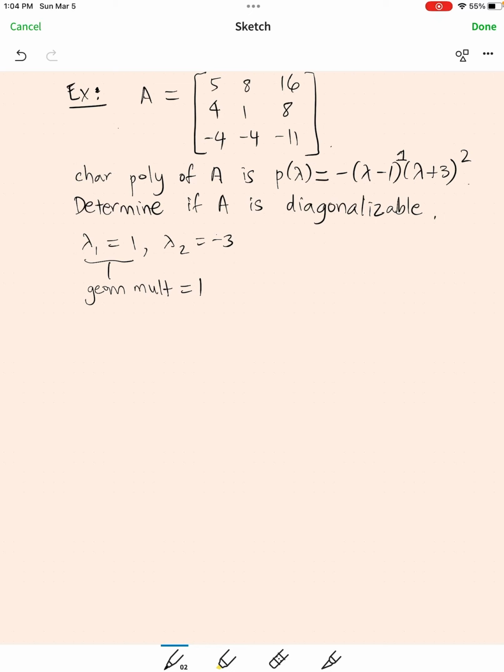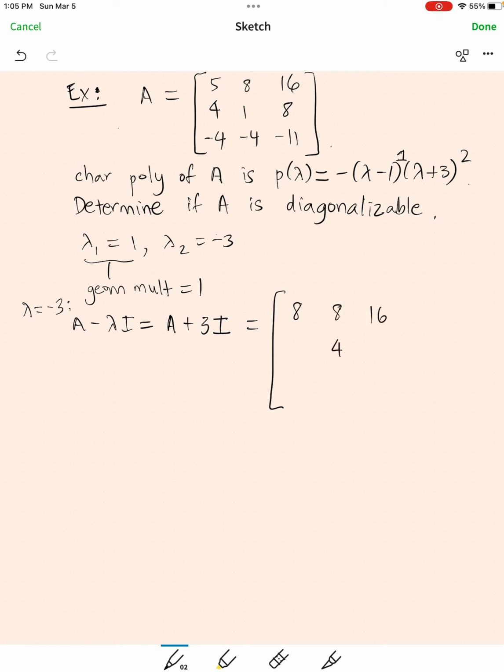Okay. The real question is the second eigenvalue, -3. We want to know the dimension of this eigenspace. So we need to figure out A minus lambda I. Well, what's that going to be? You have to be careful with the minus signs because it's a minus negative 3I, so a plus 3I. So we just have to worry about this. A plus 3I, so let's figure out what that is.